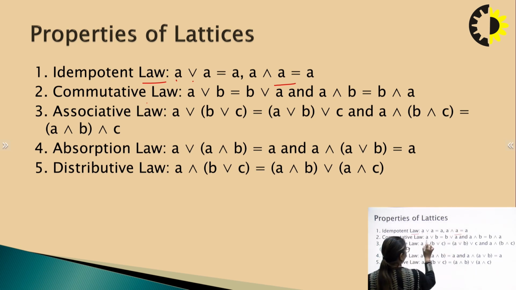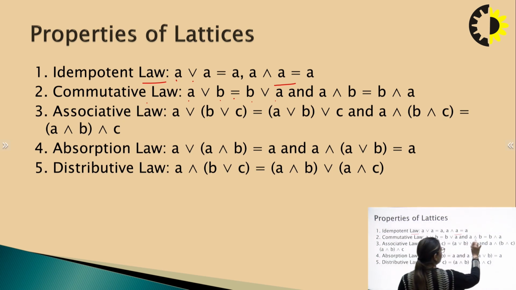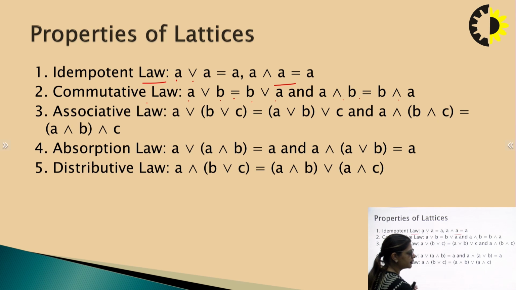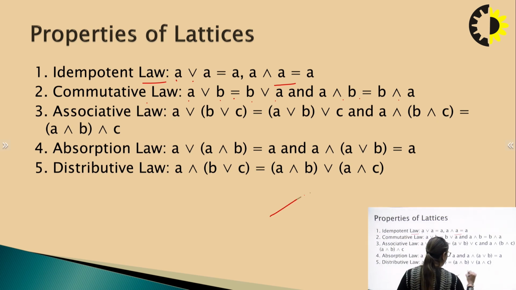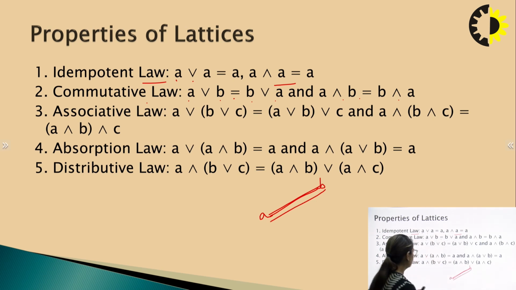Commutative law: A join B is equal to B join A, and A meet B is always equal to B meet A. Whatever the elements are, if we find the join of A and B, it will be the same as B and A. There is no change in that. This is called the commutative property.